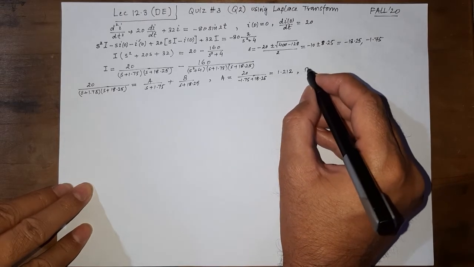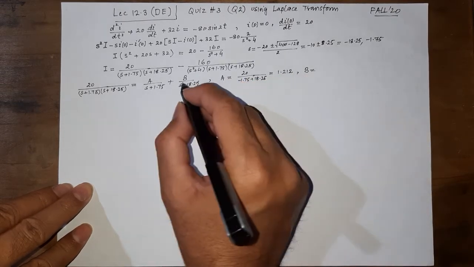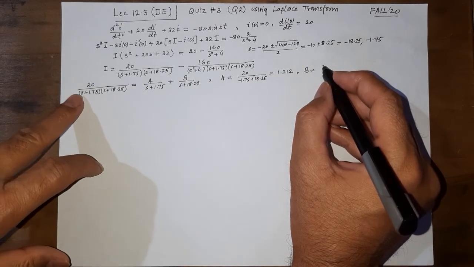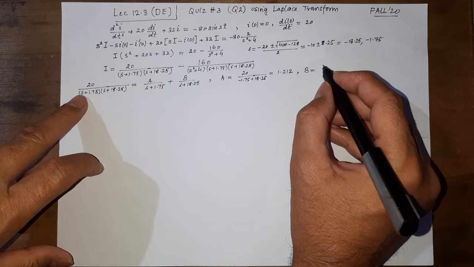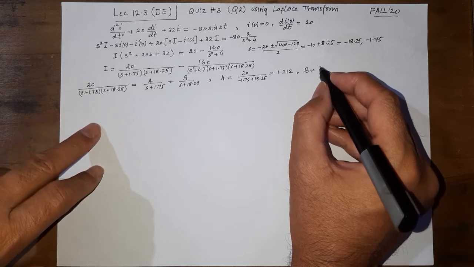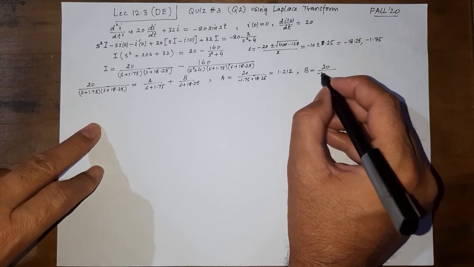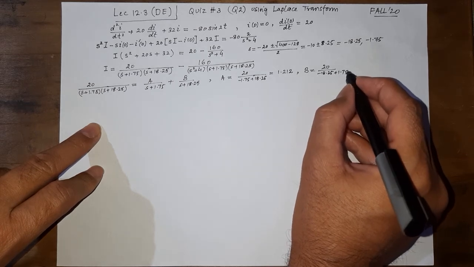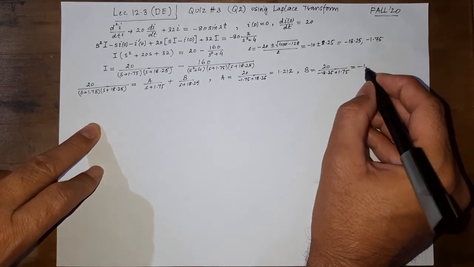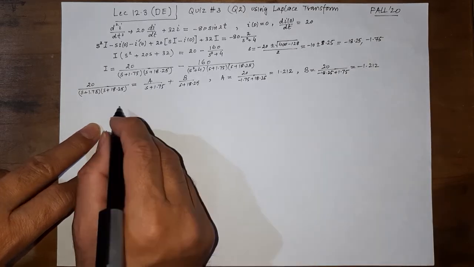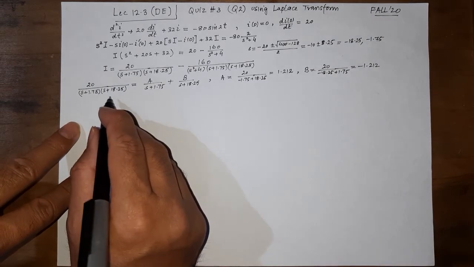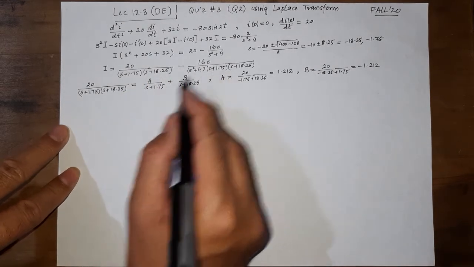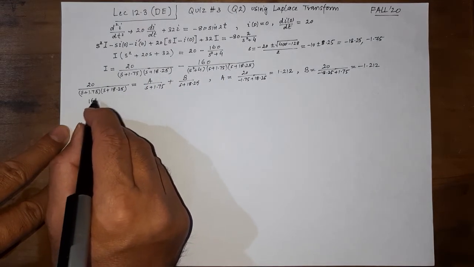And if we do the same for b, then b is equal to 20 divided by minus 18.25 plus 1.75, and we are going to get minus 1.212. So we have handled this. We have done the partial fractions. Let us now do the partial fraction for this second term.